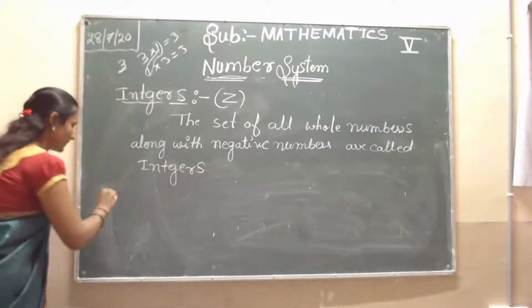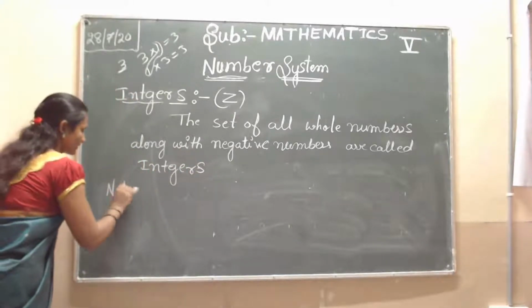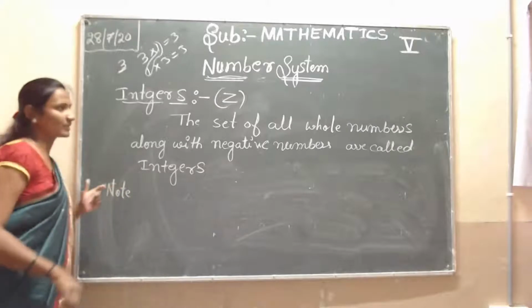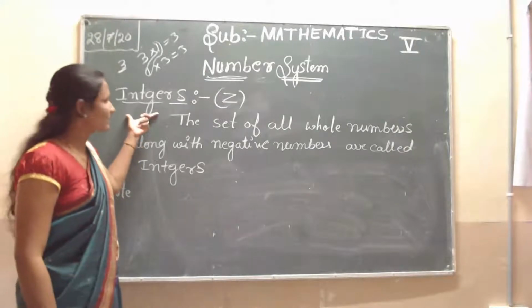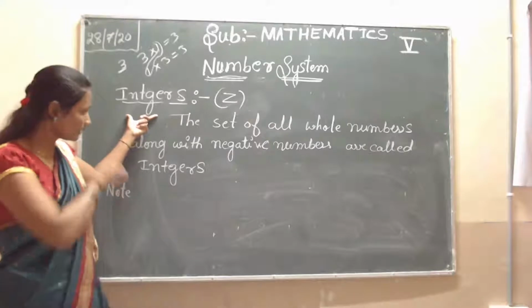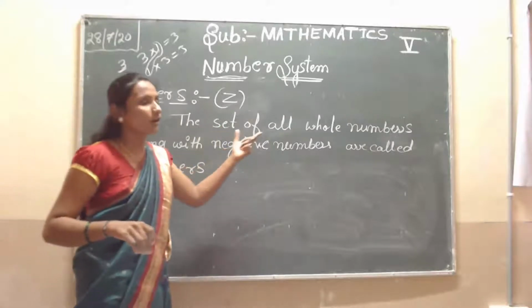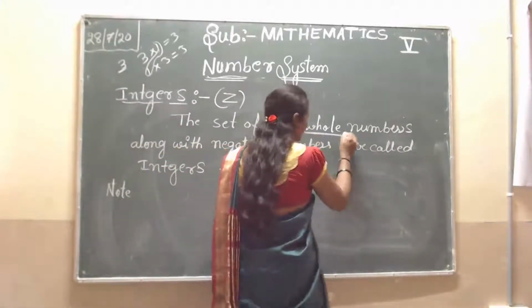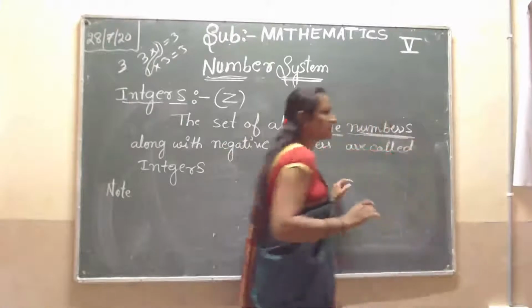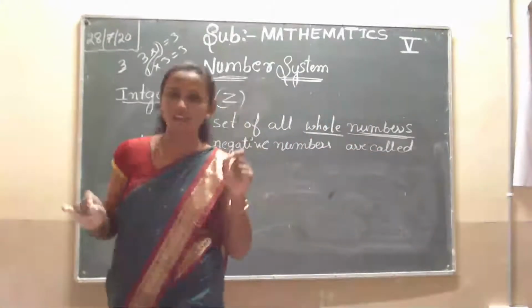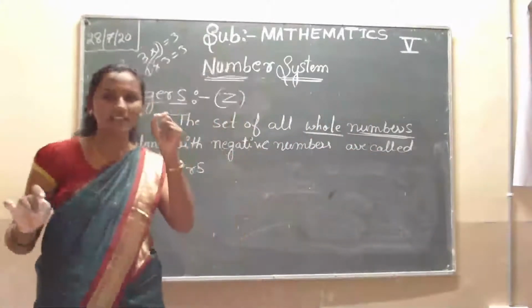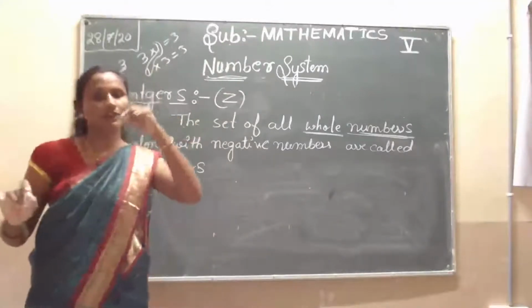Just observe this. Integers are the set of all whole numbers. You know the smallest whole number is 0, the start of the whole numbers: 0, 1, 2, 3, 4, 5, and so on.